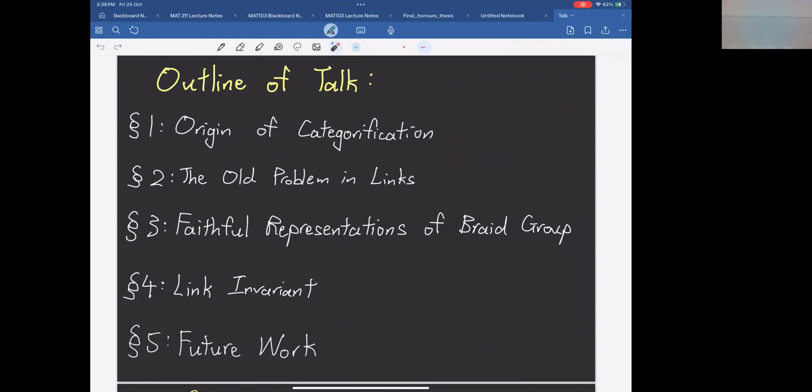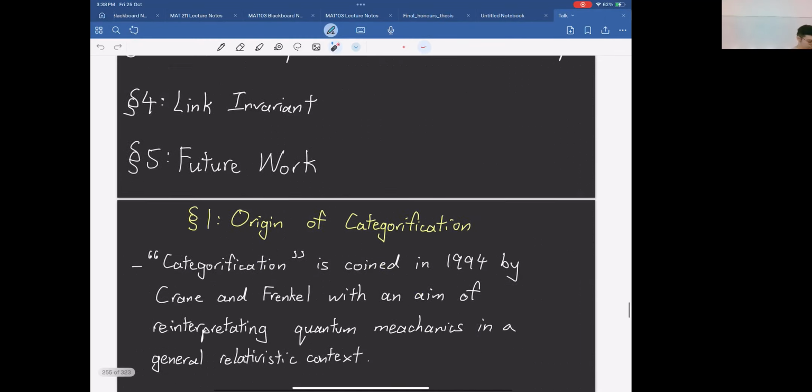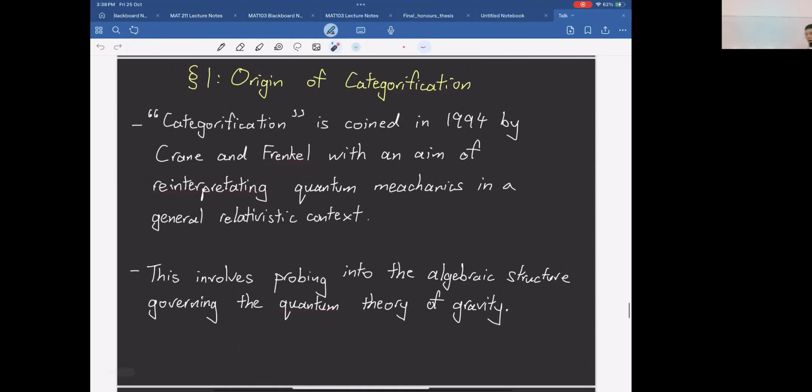And finally, we try to link it back to link invariants and hopefully explain some future work that can be done, maybe with an FYP or with a master's student, or even, if you are interested, we can go on to a PhD. We will spend most time in sections 2 and 3, and then quickly run through the others. So first of all, where does this categorification come from?